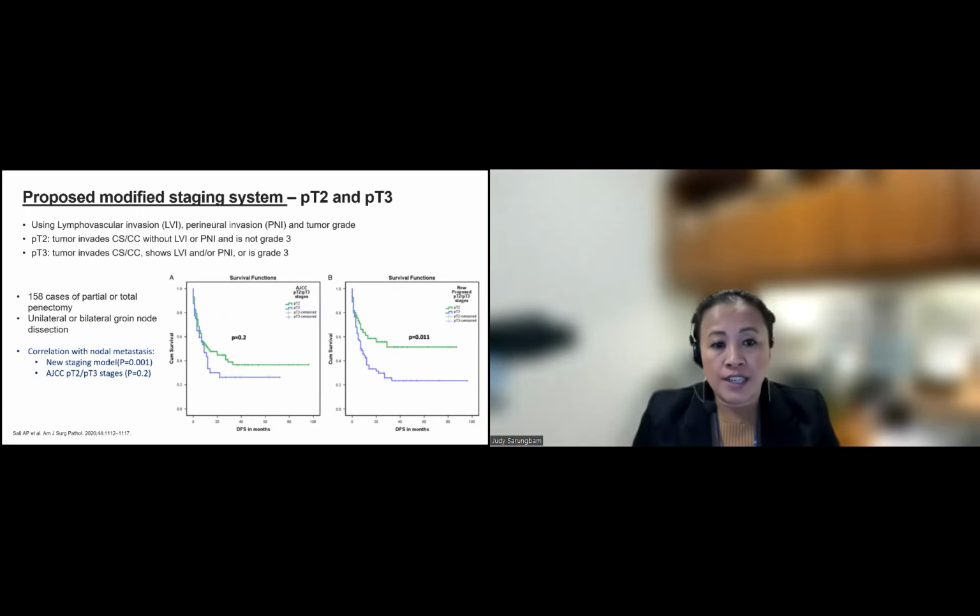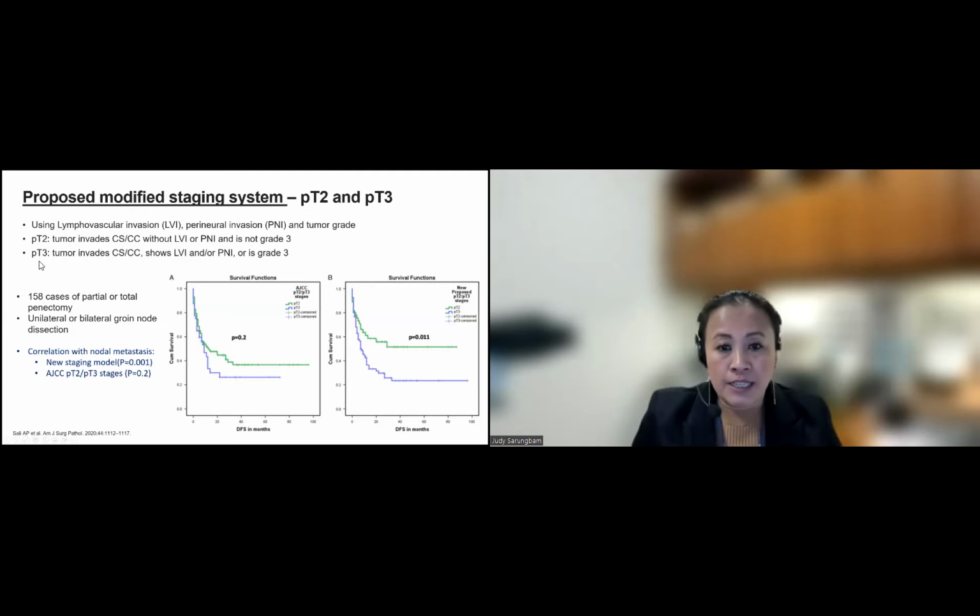Another proposed modified staging system is by Sali et al., using lymphovascular invasion, perineural invasion, and tumor grade, like we substage PT1A tumors. So PT2 tumors, according to them, are tumors invading corpus spongiosum or cavernosum without LVI or perineural invasion and not grade 3.